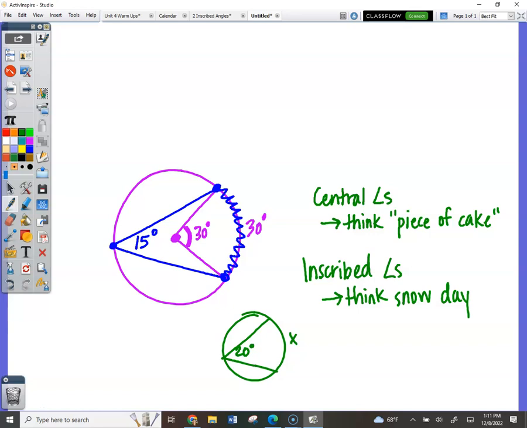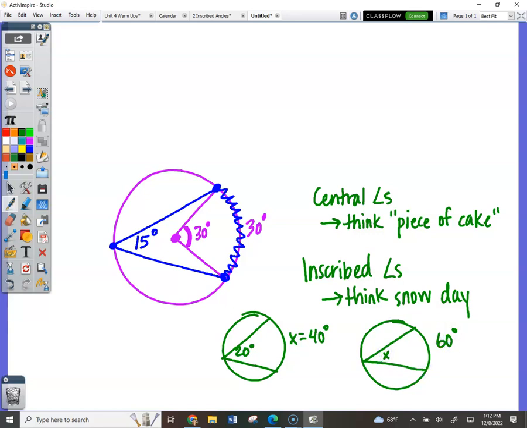If it's a snow day and I'm in the house and I'm going outside to play in snow, what would I do with my layers? I would double my layers. So the outside would be 40. Now let me show you the reverse. What if it's an inscribed angle and they give me the outside?